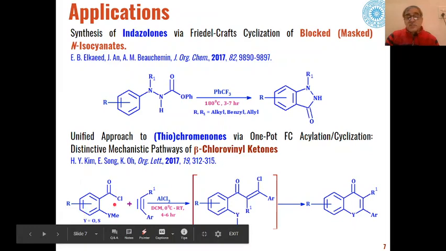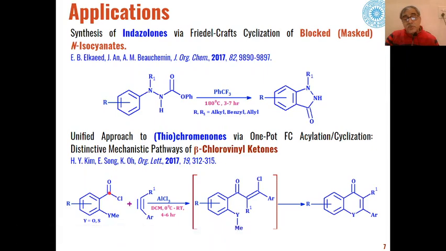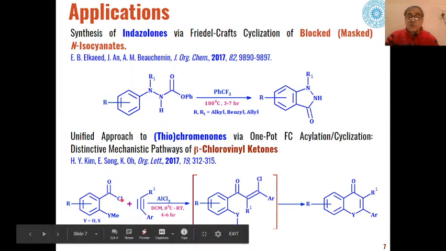So when these acid chlorides are reacted with these types of alkynes in the presence of anhydrous aluminum chloride, then in the first step this electrophilic carbon and this nucleophilic halogen will add to the carbon-carbon triple bond, and an intermediate of this type will be formed.